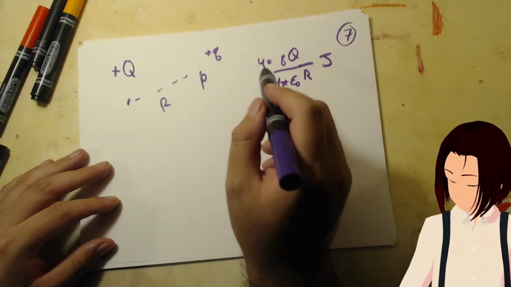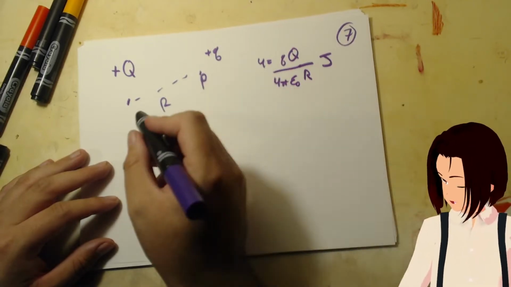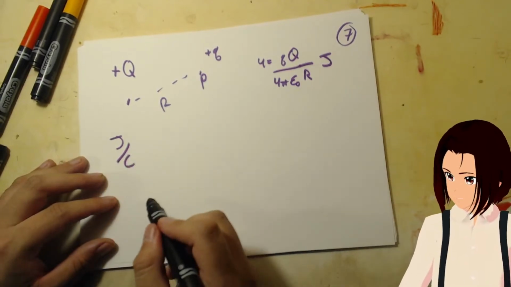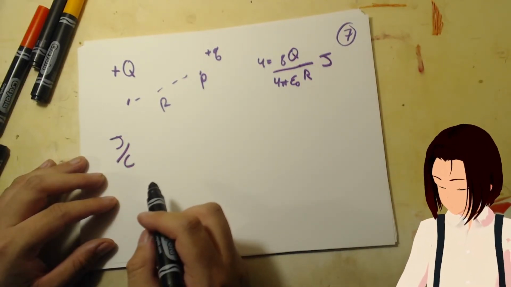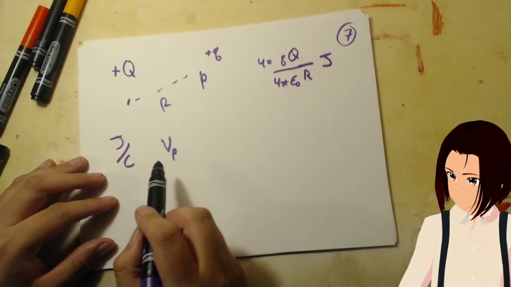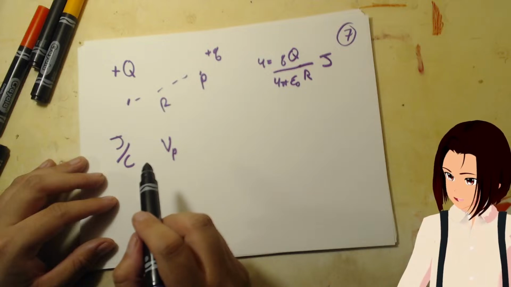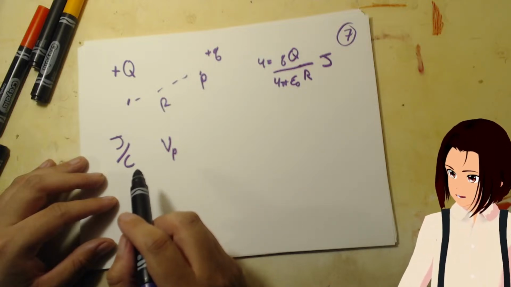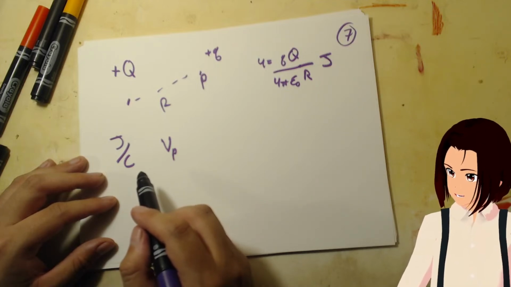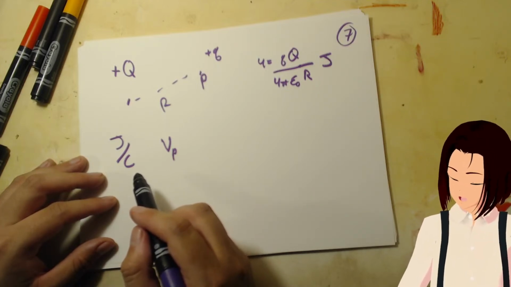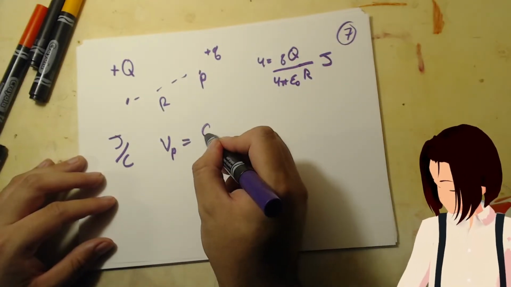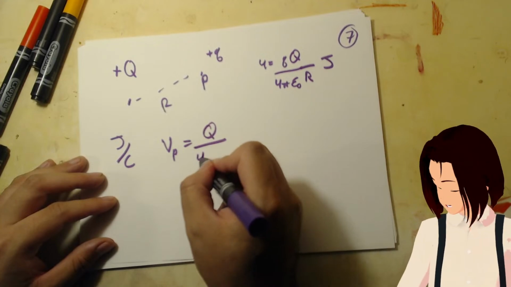Electric potential is work per unit charge. So that's joules per coulomb. We write it as V, because this is volts, named after Volta.